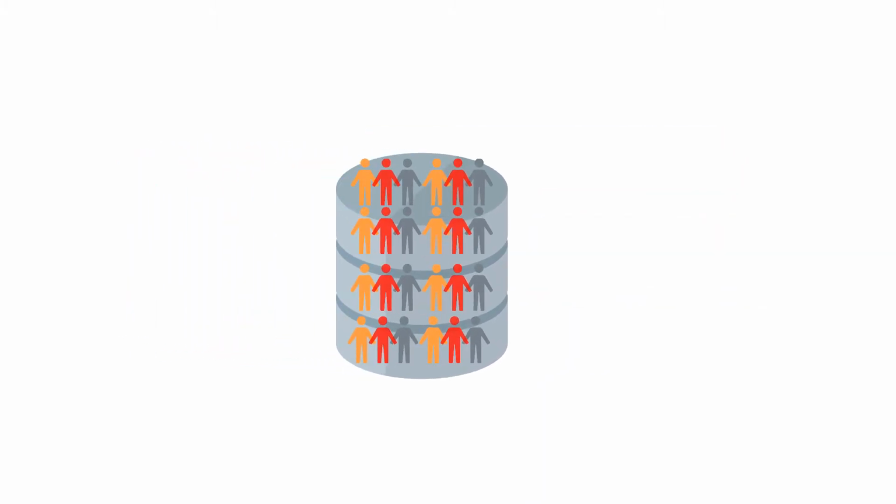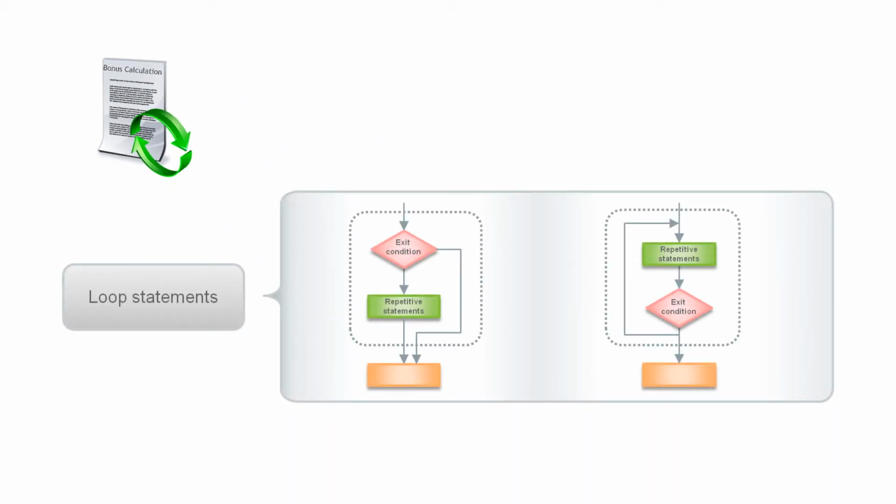Can you imagine how time-consuming it can be if Jill has to repeatedly execute the same program for every employee? Do you wonder if there is a way to have the bonus calculation logic alone executed repeatedly for a list of employees? Yes, it is possible, and this is exactly where loops come into picture.